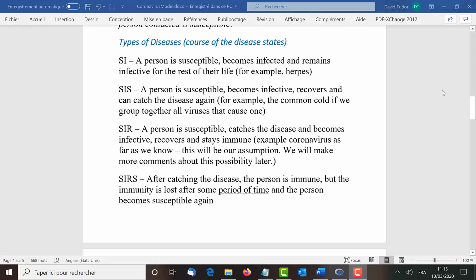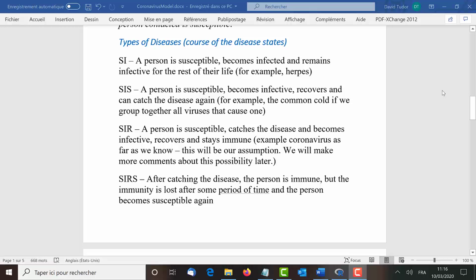If I group all of the common cold viruses together, then the common cold would be an SIS disease. An SIR disease is one where the person who is susceptible becomes infective, can spread the disease, but then recovers and stays immune. So we're presuming that the coronavirus is, as far as we know, an SIR disease. So we will do the SIR modeling approach here.